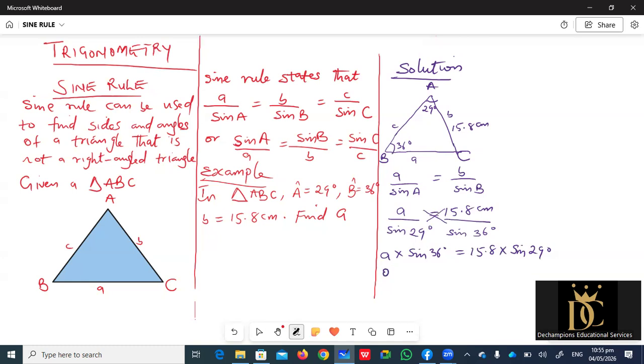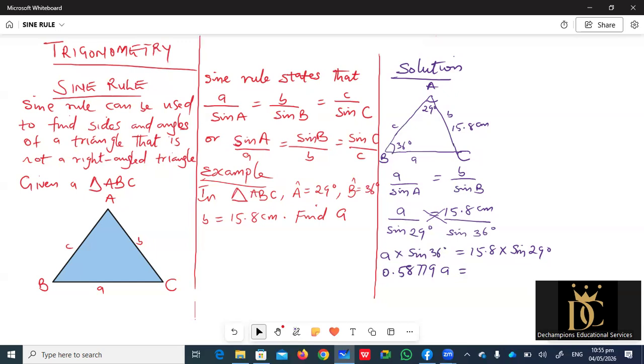So a times sine 36 degrees gives us 0.58779a. Please make sure you give your value in at least four decimal places.